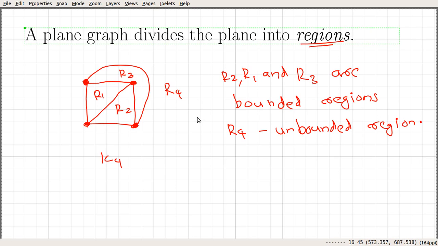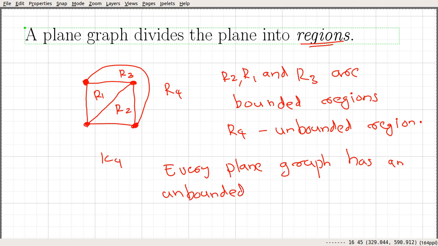And here again we can see that if you look at any plane graph, any plane graph has an unbounded region, and that particular region is called the exterior region. So we can very easily see that every plane graph has an unbounded region, and it is called the exterior region.